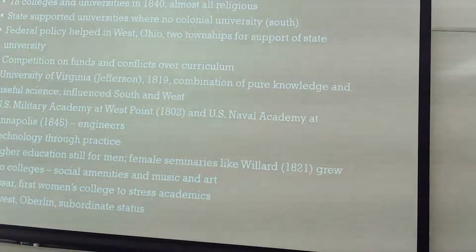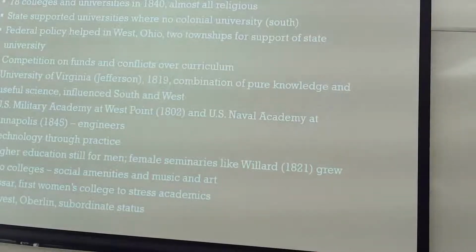There were 78 colleges and universities in the United States in 1840. Almost all were religious-based. There's a few secular schools, but most were religious-based. The state, usually in the South, had universities where there was no colonial university, where those religious universities had not been established.